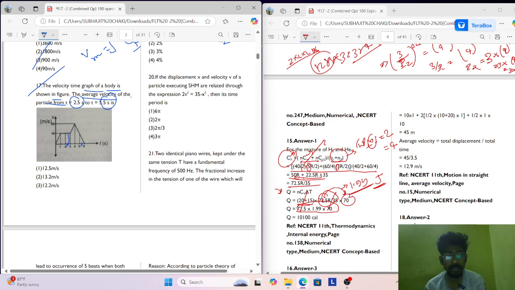So from here to here you have to calculate the value, right? This is a rectangle, this is a trapezium, this is a trapezium, and this is a rectangle also.